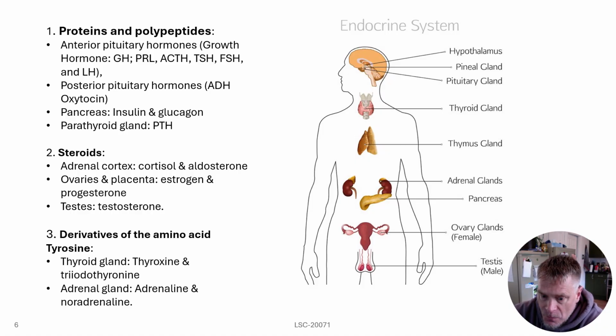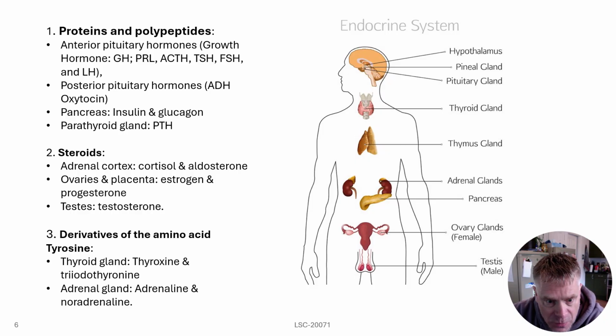To start off with, we're going to look at the places where these hormones are made within the body. They are produced by the endocrine glands, as we've already discussed, and there are various different types of endocrine glands located at different positions within the body.